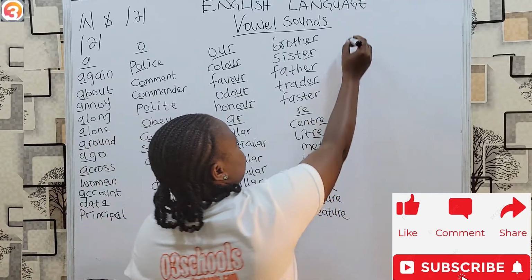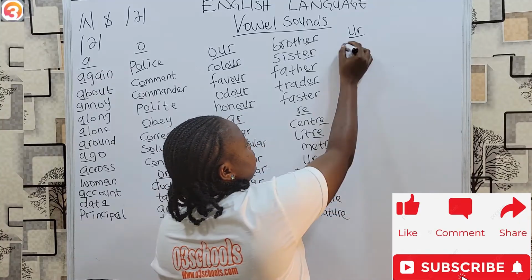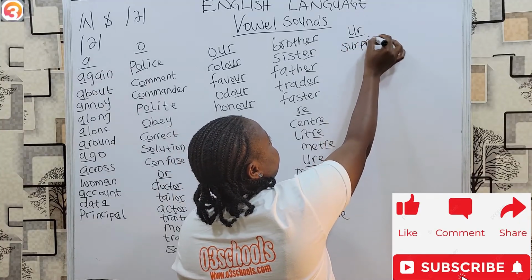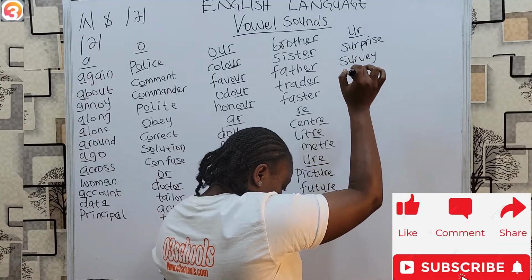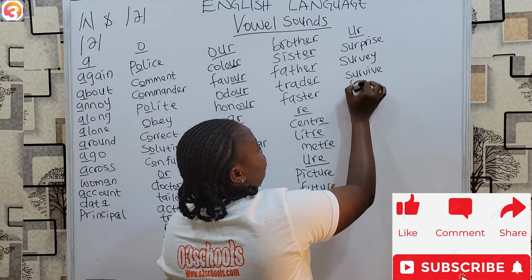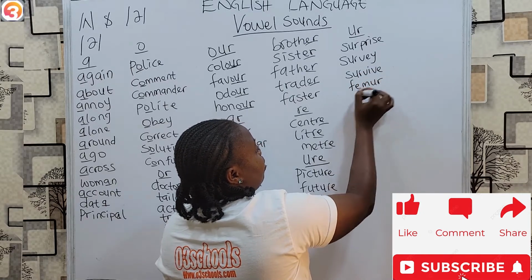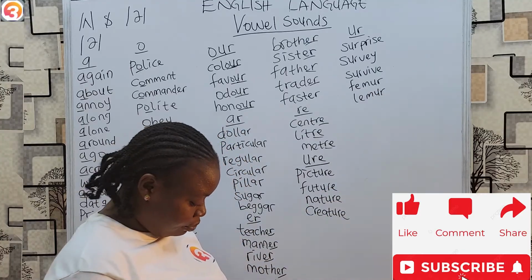You can have words with UR: surprise, survey, survive, femur. We also have lemon.